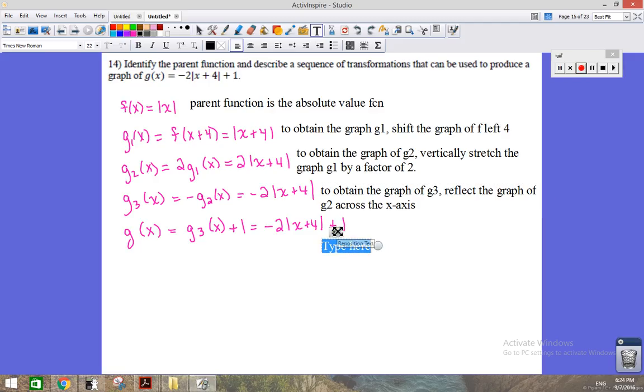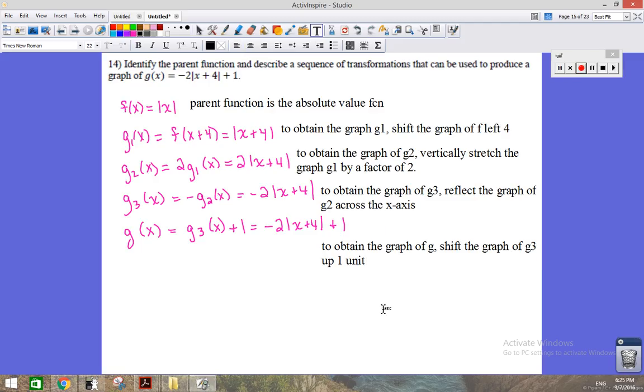And now finally, to obtain the graph of G, which is my final answer, because this is my last transformation, is to shift the previous graph, shift the graph of what I called the G3 up 1 unit, or 1 unit up.